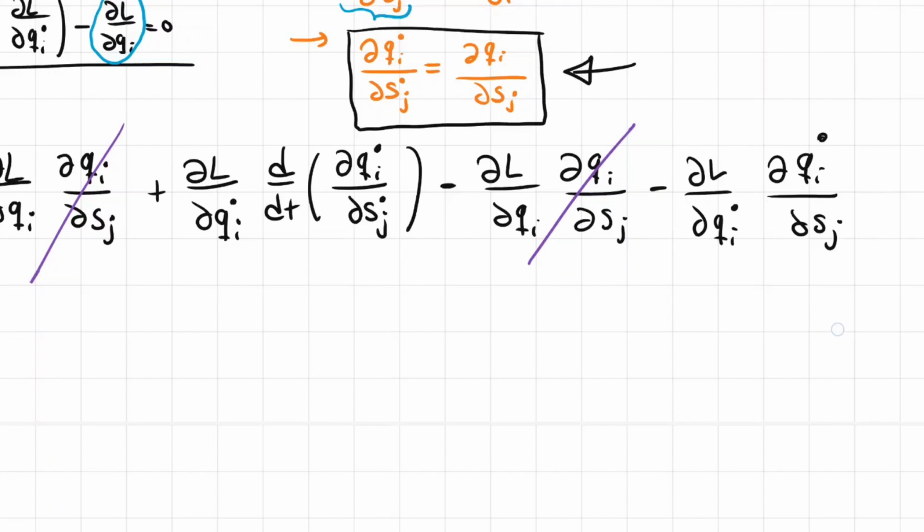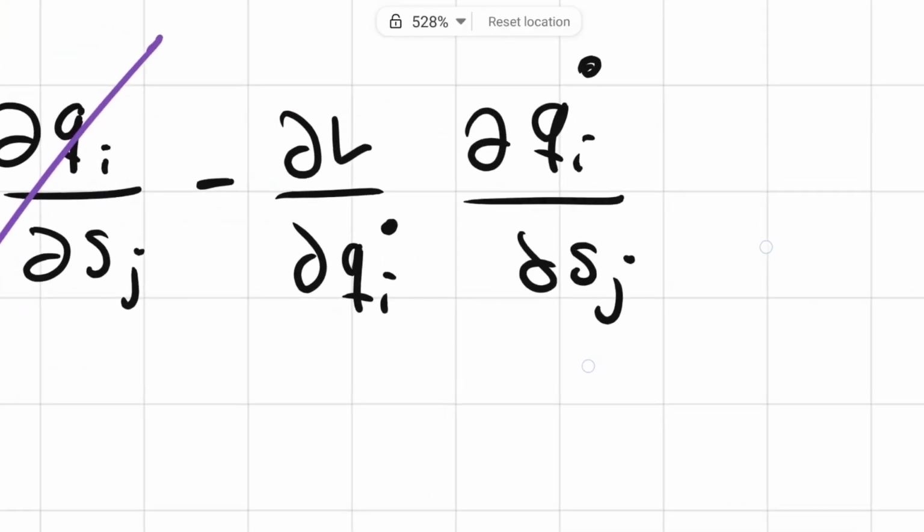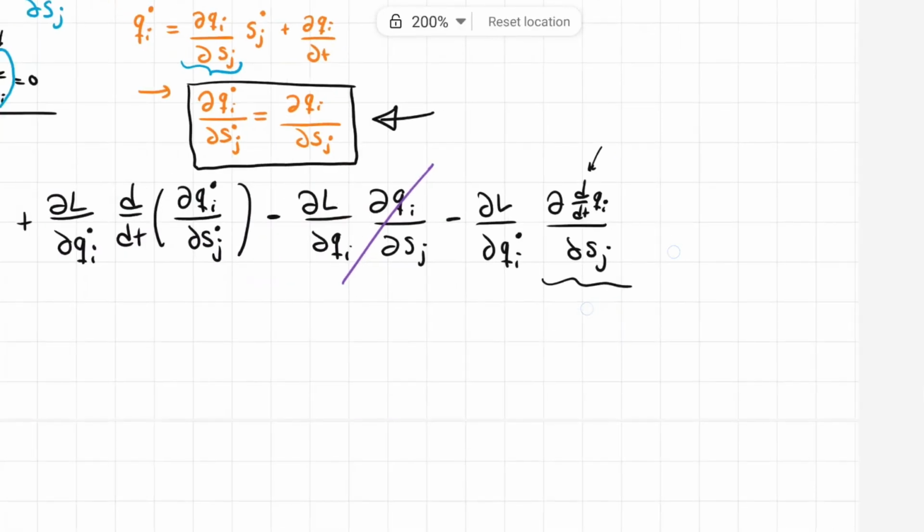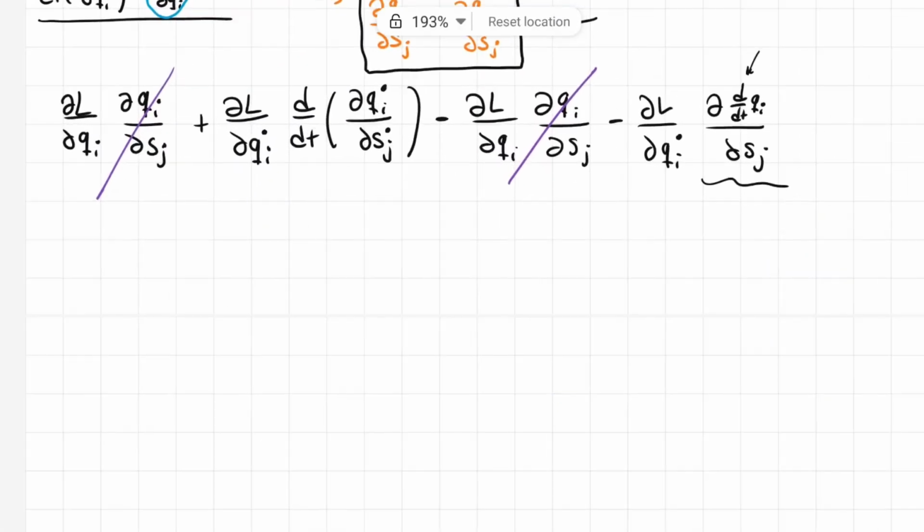Okay, so what are we going to be left with? Well, we see here that we have this element that is the derivative of qi dot, and this qi dot, of course, can be seen as the derivative with respect to time of qi, right? But we are going to switch the order of the derivatives to take the operator, the derivative with respect to time, outside. So we are going to be left with the next.